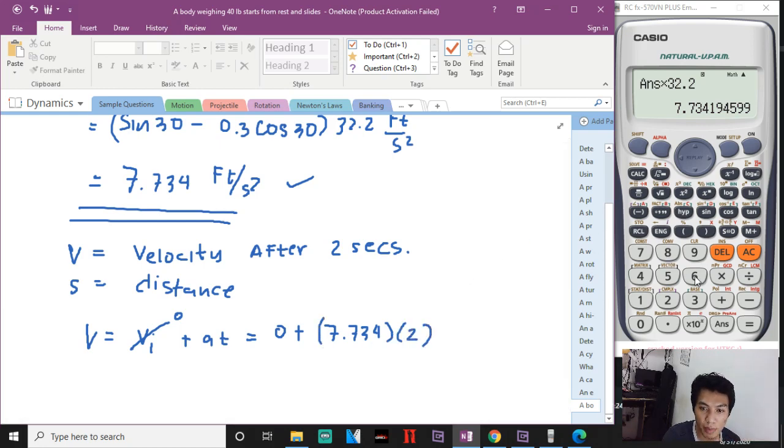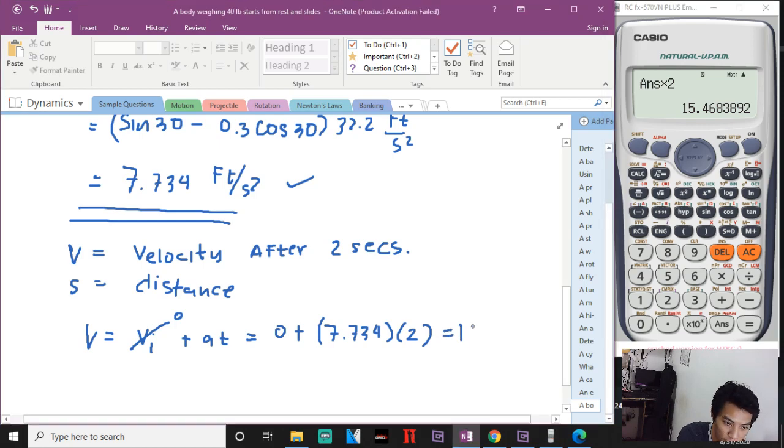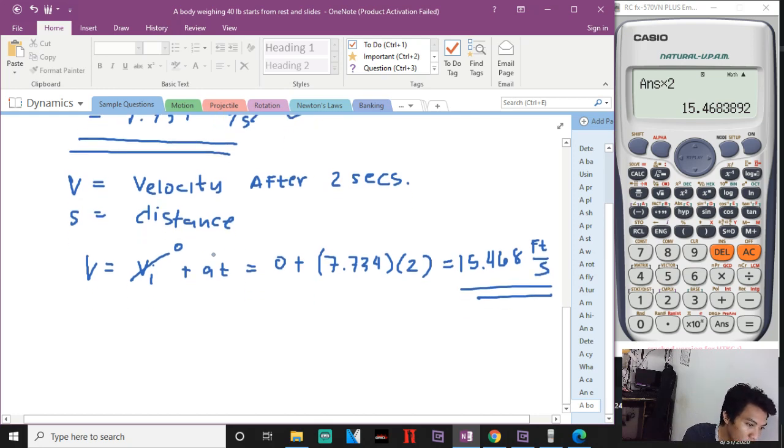Siguro nasa 15. Okay, 15.468 feet per second. Okay. Now, you have the velocity after 2 seconds. All you have to search for is the distance naman.